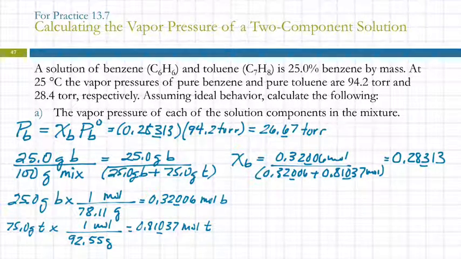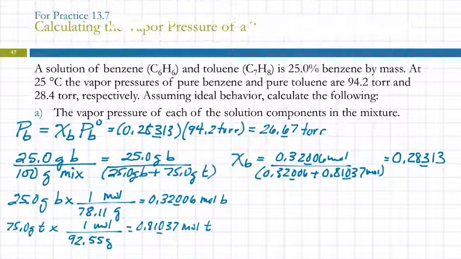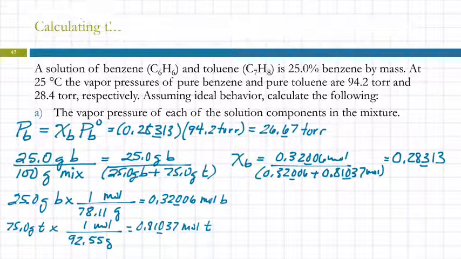I'm going to make some space up here. So we've got the same equation for the vapor pressure of toluene. Vapor pressure of toluene is equal to the mole fraction of toluene times the vapor pressure of pure toluene.